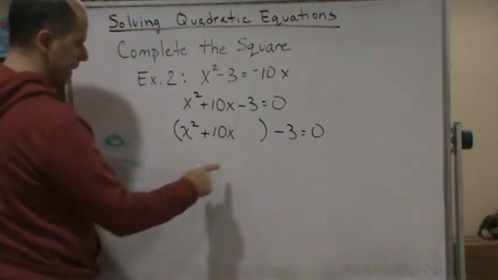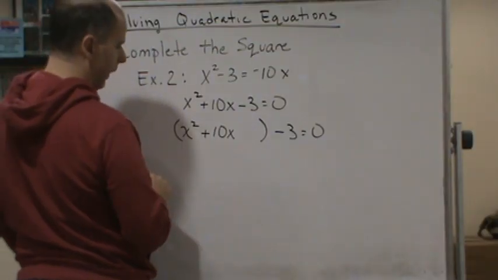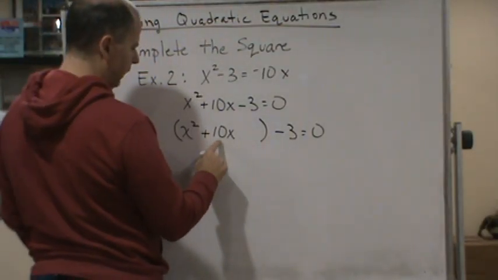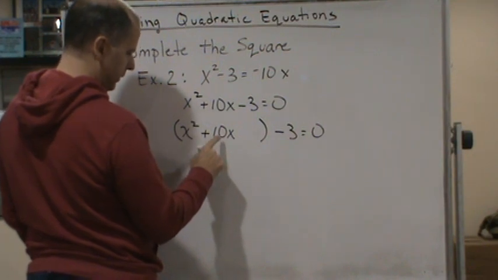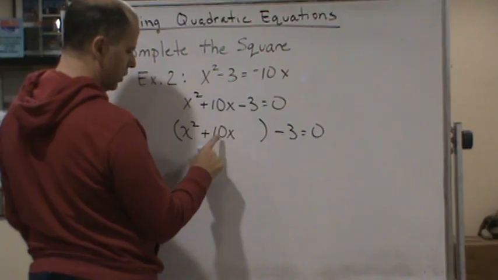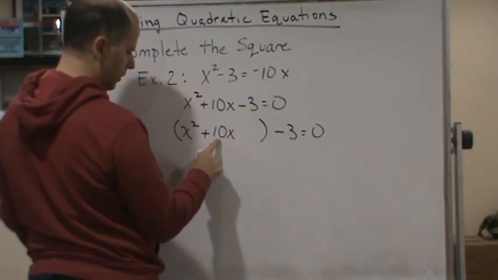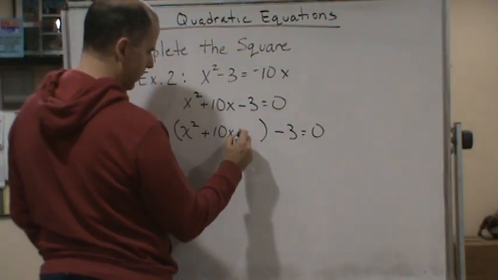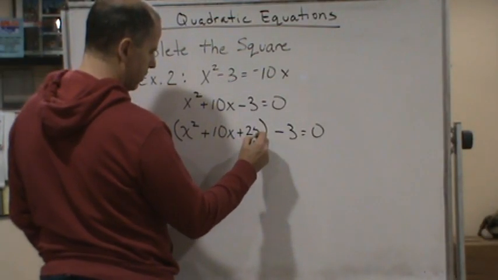Okay, so inside here I'm going to complete the square. So how do I do that? Well, I divide this by 2 and square the result. So if I divide this by 2, it gives me 5, and if I square 5, I have to add 25 here.